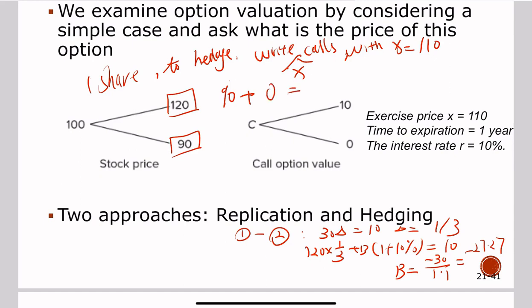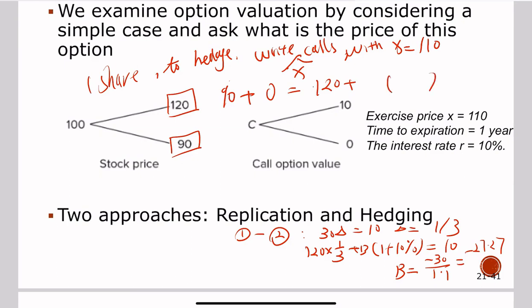Now, what about the other case, the better case, that is, the share price is 120? Well, in this case, first, your position of one share will give you a value of 120. Now, what about your short position in call options? Remember, you're writing call options.